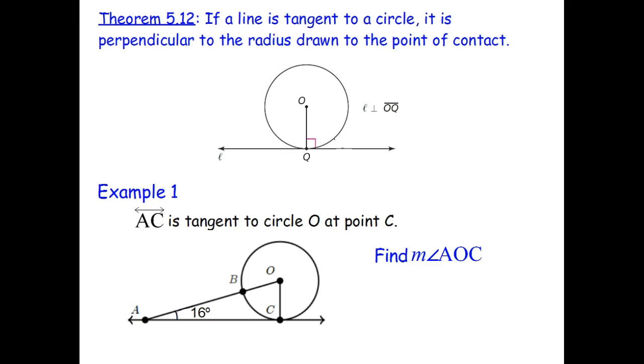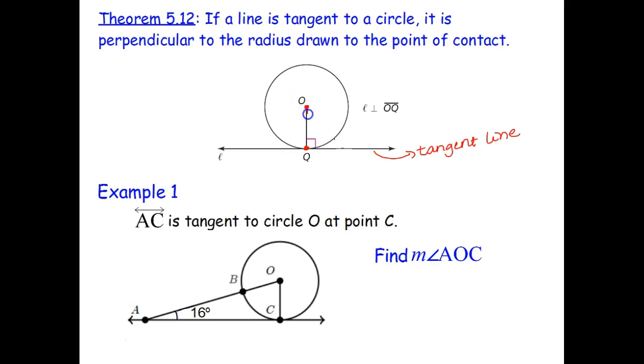All right, the next theorem that we're talking about is only dealing with the tangent. So if a line is tangent to a circle, so this would be our tangent line, and it's tangent at this point right here, then it is perpendicular to the radius.